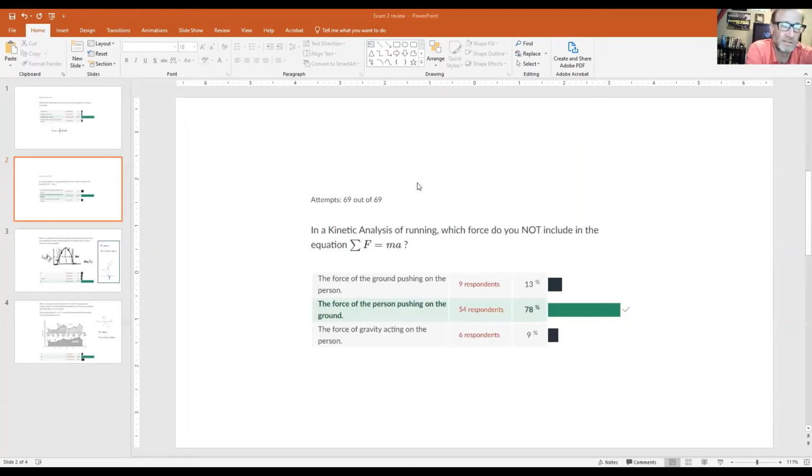So now we just need to know that and look at the answer. So the force of the ground pushing on the person, yes, that goes in the equation. The force of the person pushing on the ground, no, that does not go in the equation. The force of gravity acting on the person, yes, that goes in the equation. So the force of the person is what we often want to know, but we don't actually put that in this equation. We put the reaction force, Newton's third law, into that equation.